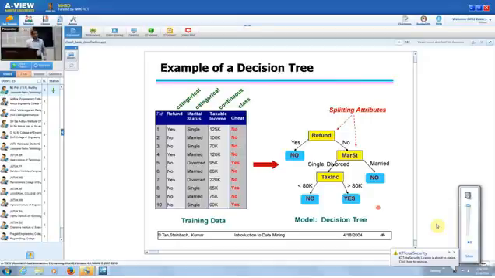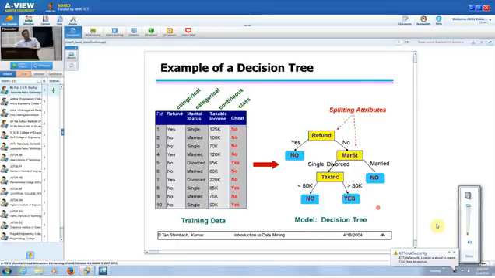So, what rules are set from the decision tree? If the refund status is yes, you check the refund status of the person. If he has a refund status, then he is not a cheat. If he doesn't have a refund status, then check the marital status of the candidate.